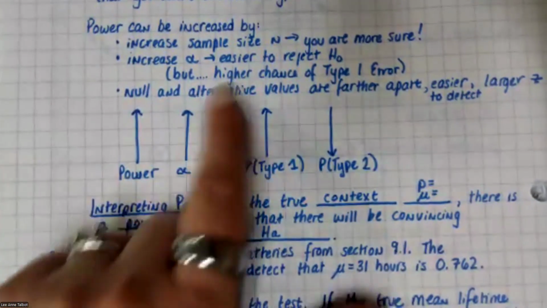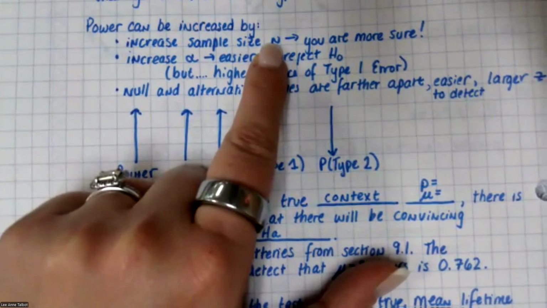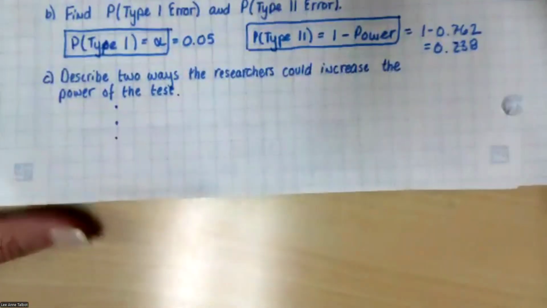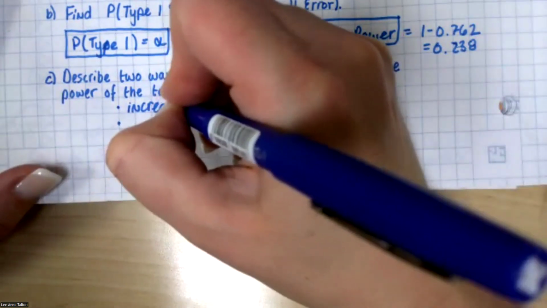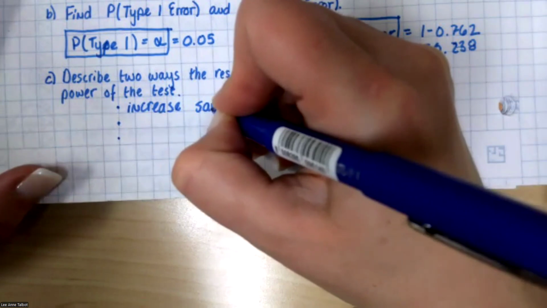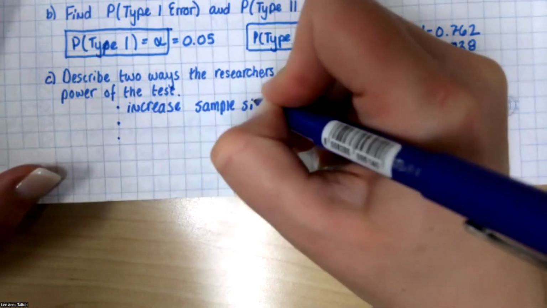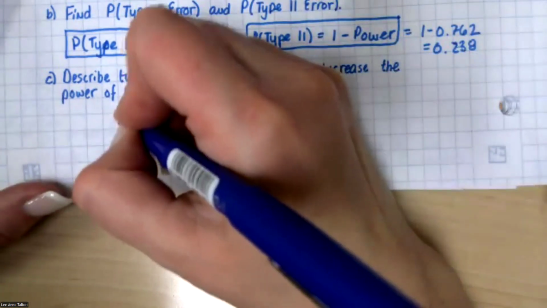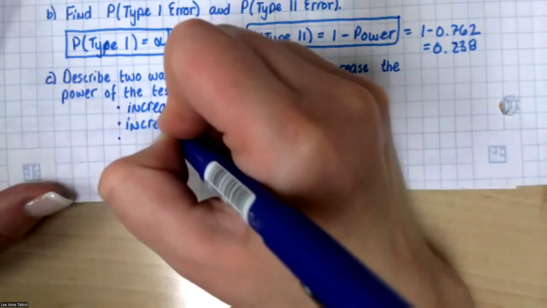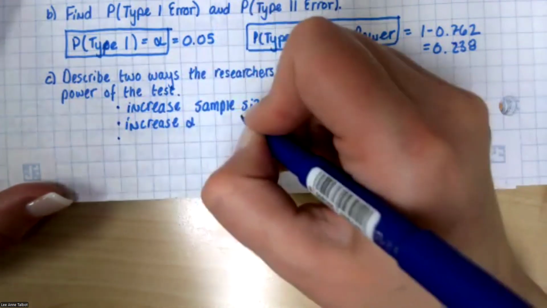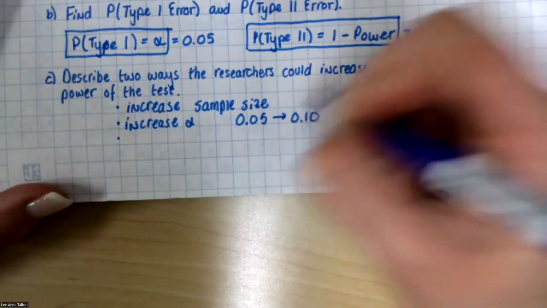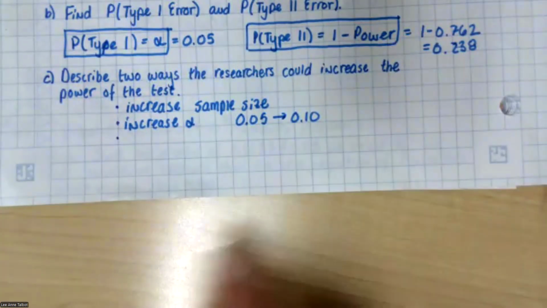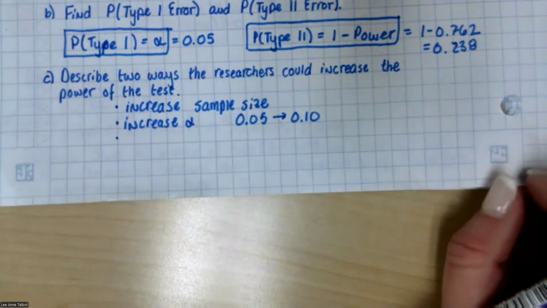First one is increase sample size. Second one is increase alpha.